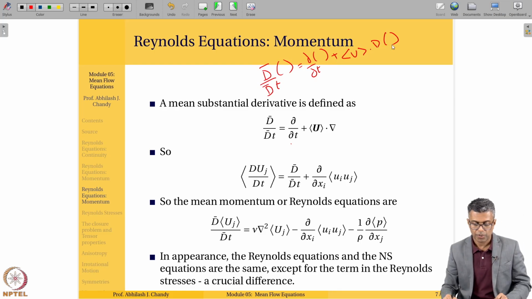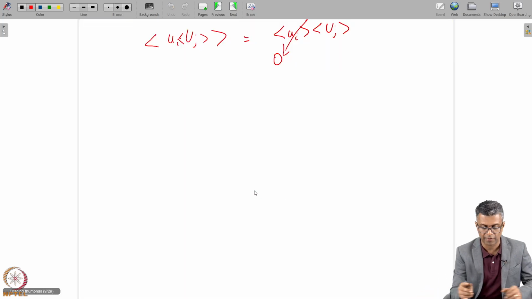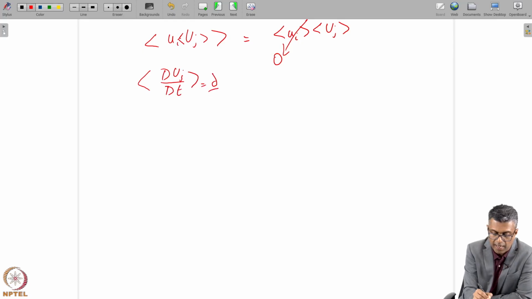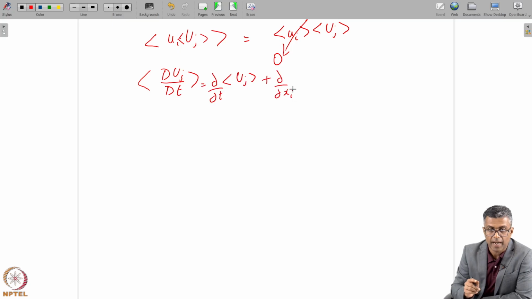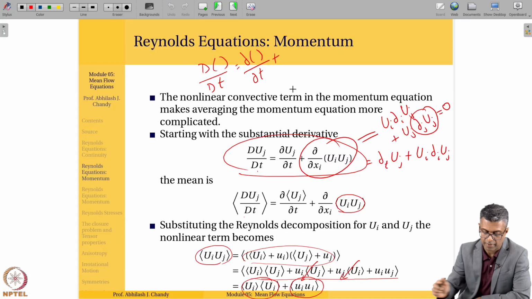All right. So now when I take the mean of the substantial derivative, like what is shown here, I'm going to go back and derive this. The mean of duj dt is del t of uj plus del xi, and again I am using the mean substantial derivative equation, right?